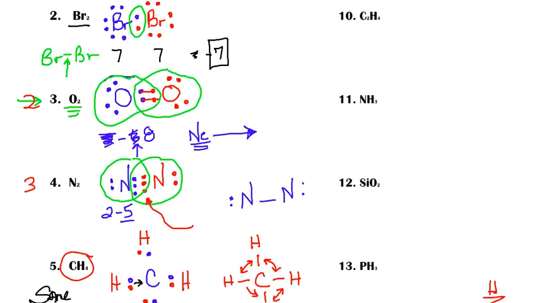Let's go to NH3. N has 5 valence electrons, and you could draw this many ways. There's my 5, and then hydrogen brings 1 for reasons we should know now. You can see that nitrogen feels like it has 8, and each hydrogen has 2. Now, is this a polar molecule?